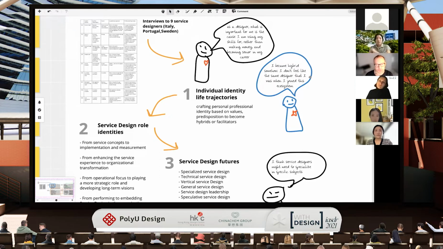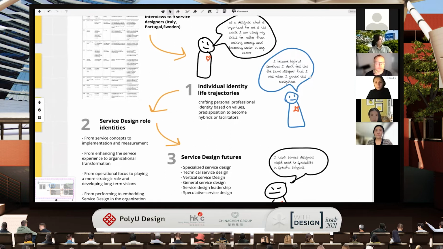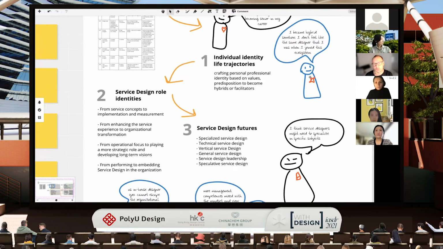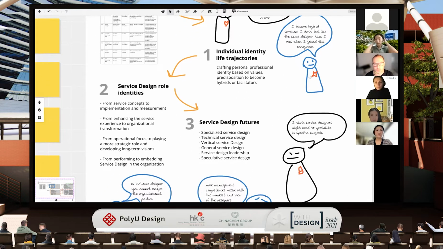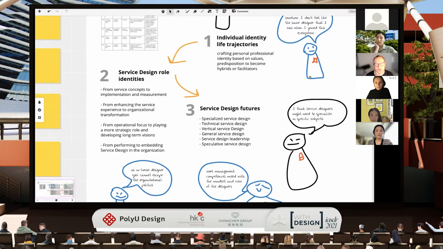So some of this was, of course, partly depending on the way that they experienced their development possibilities within the organizations, but also and mostly depending on what they wanted to become and wanted to do. So very personally driven.